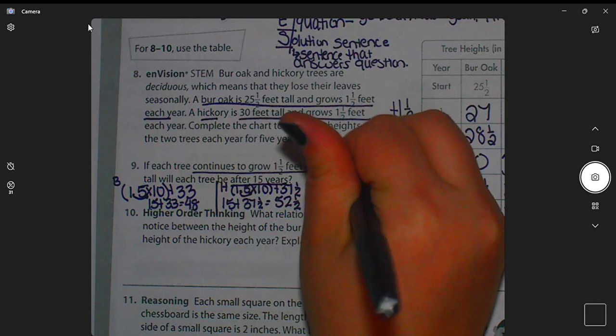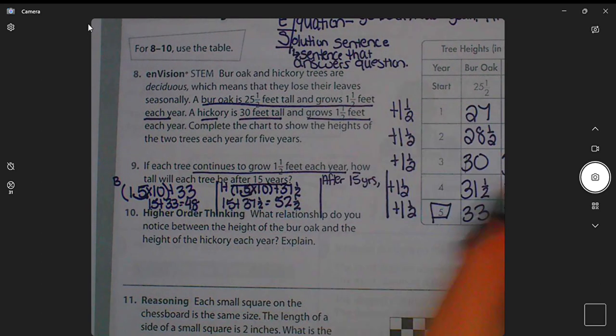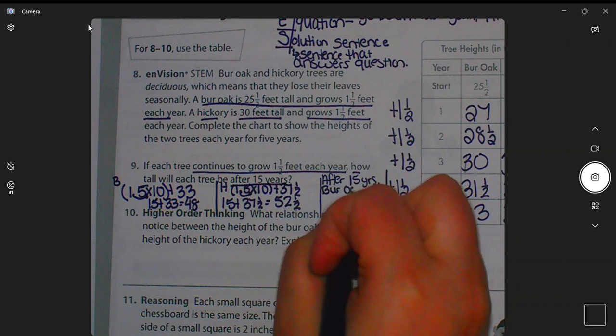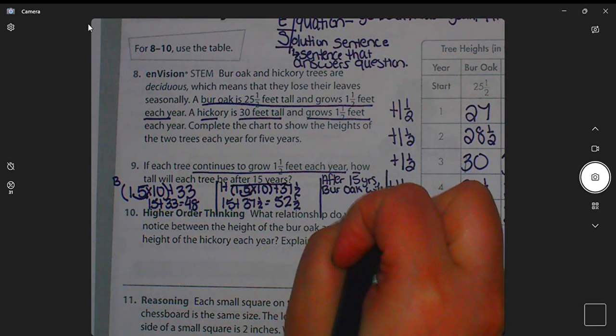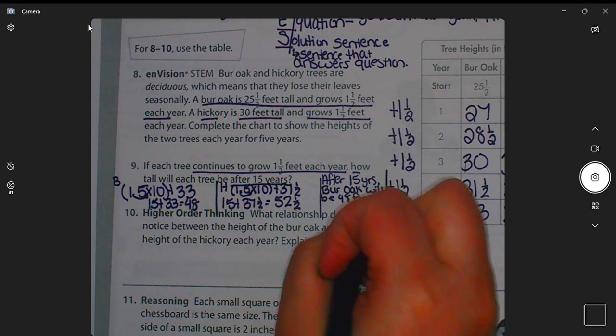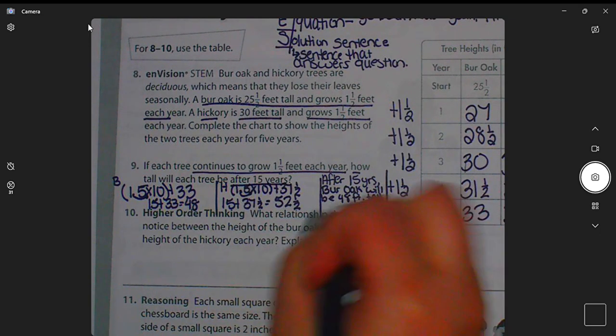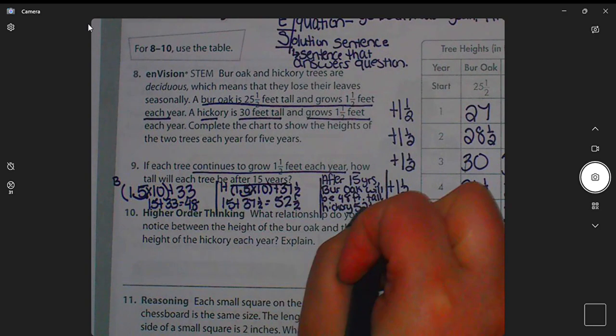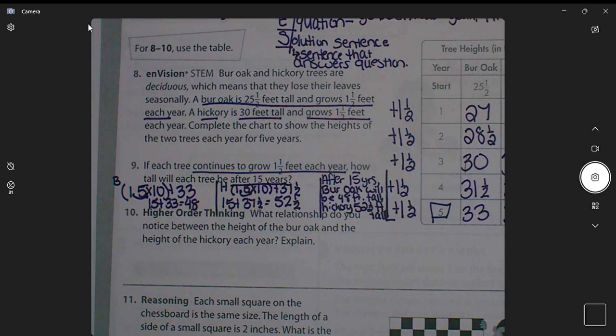So after 15 years, the burr oak will be 48 feet tall, the hickory 52.5 feet tall. You can say that. That is perfectly fine.